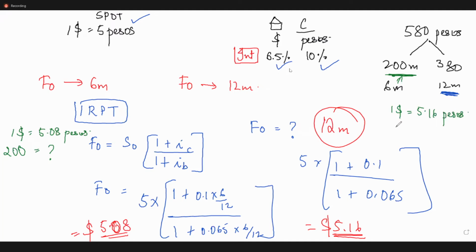So 200 pesos is how much? Because they're asking in dollars. What's the answer? Anyone? $39.38 and 73.65.